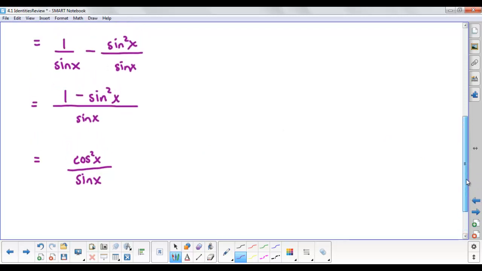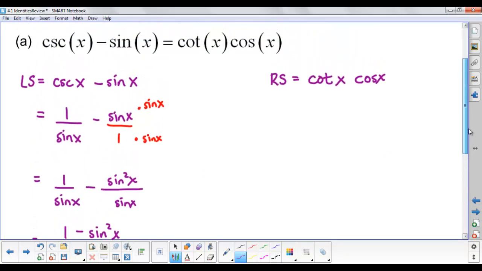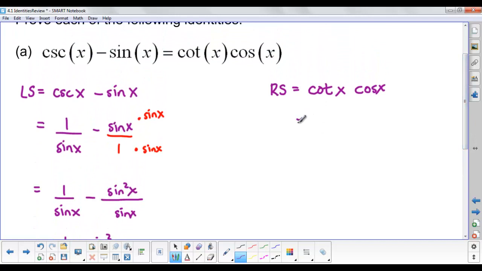So I'm going to start working on the right side and hopefully make it look like the left side. Cotangent x, we said, is the reciprocal of tan, and we also know it's equal to cos x over sine x.